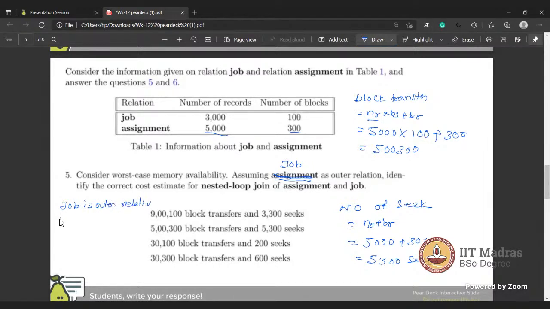The number of block transfers will be 3,000 into 300 plus 100. The seeks will be the number of records, 3,000, plus the blocks, 300. Then the seeks will be 3,300. Here, inner block is 300.